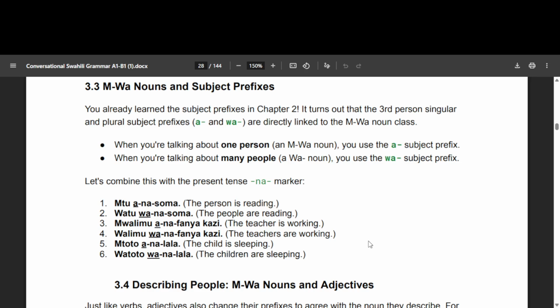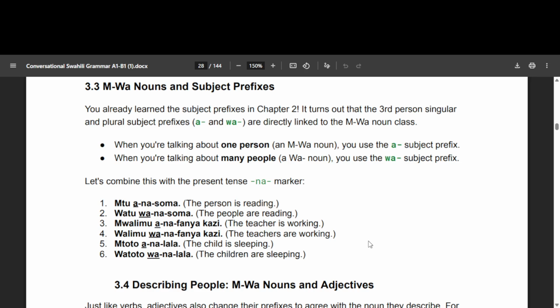And also this class, m-wa class, is sometimes referred to as a-wa because of these two prefixes. When you're talking about one person or any other noun in m-wa class, you use the a subject prefix. And when you're talking about many people or any other noun in m-wa class, we use the wa subject prefix.